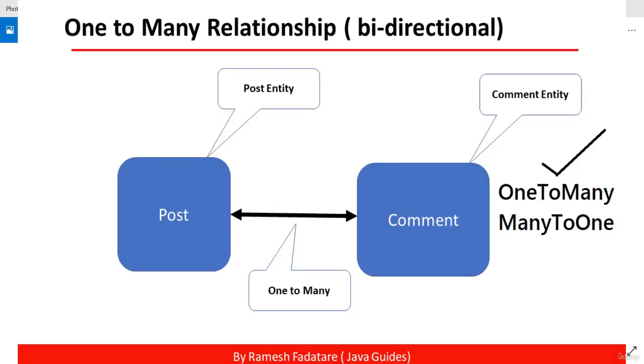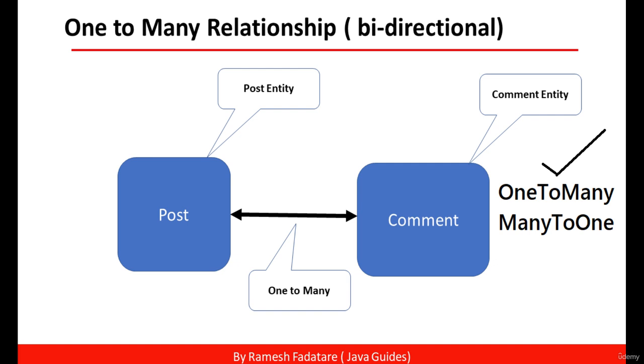And we are going to use JPA annotations such as @OneToMany and @ManyToOne to establish the one-to-many relationship between these two entities. Alright, let's go to IntelliJ IDEA and create the Comment JPA entity, and then we will establish the one-to-many relationship between these two entities by using JPA annotations.